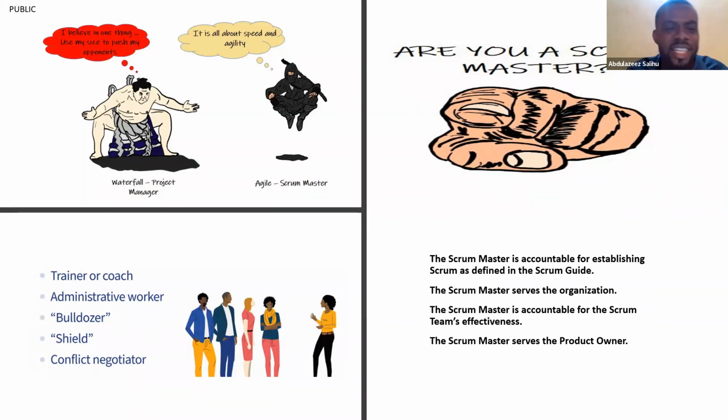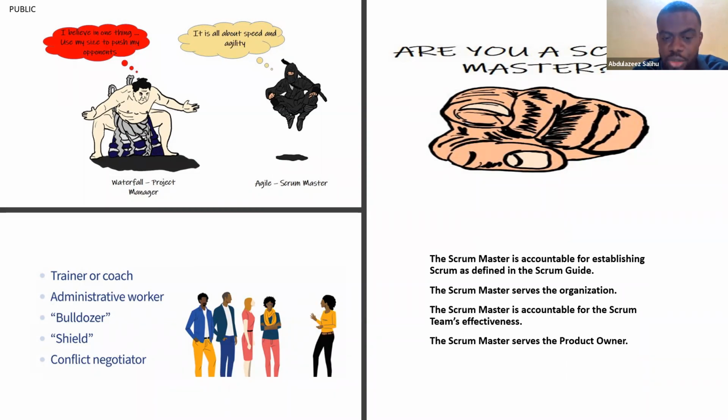The Scrum Master role is not command and control. So as a Scrum Master, you can't use your size, even if you are blessed, to bully your team. It's not going to work. But rather, you're supposed to be a trainer or a coach to the team.